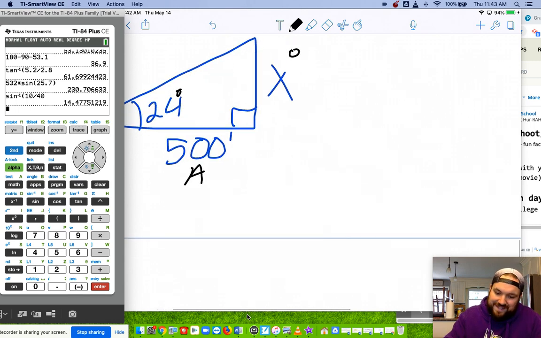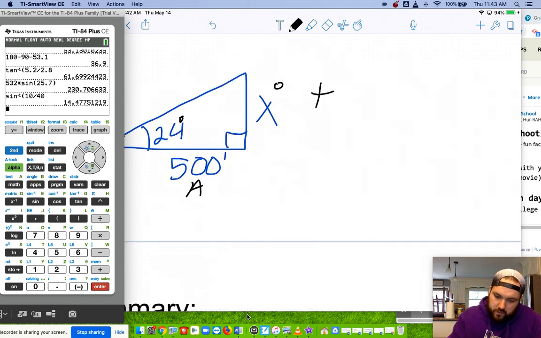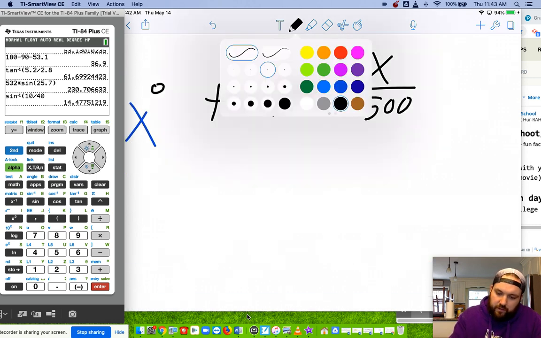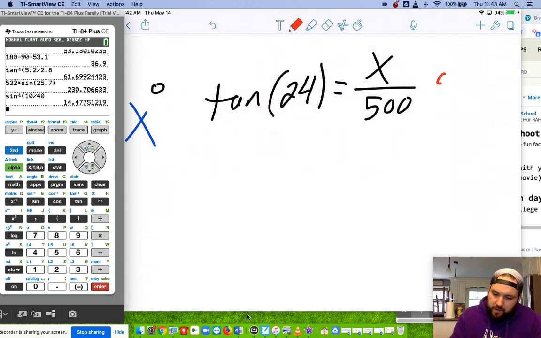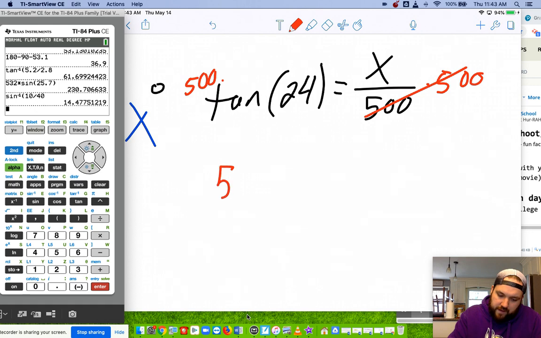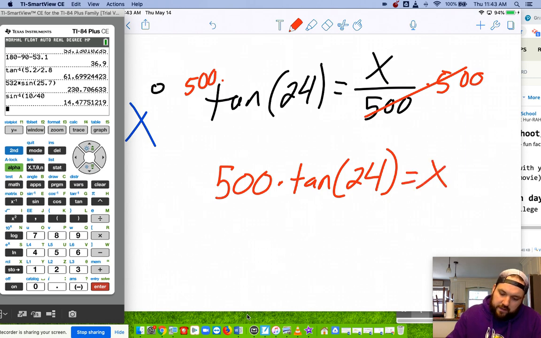So I'm going to use tangent. So tan of 24 equals opposite over adjacent. If I solve for x now, I can multiply by 500 to clear out that fraction. 500 times tan of 24 equals x.